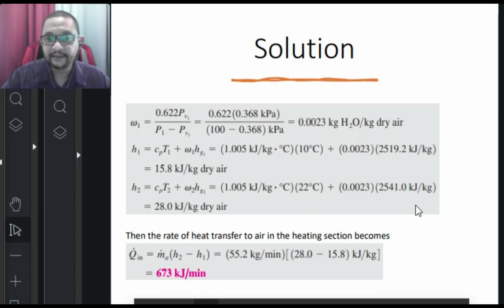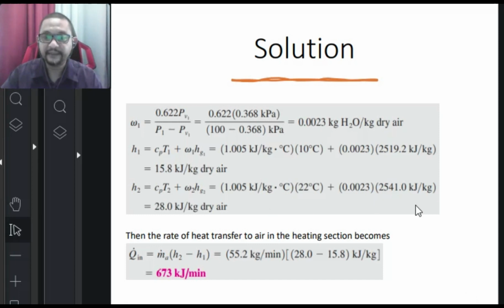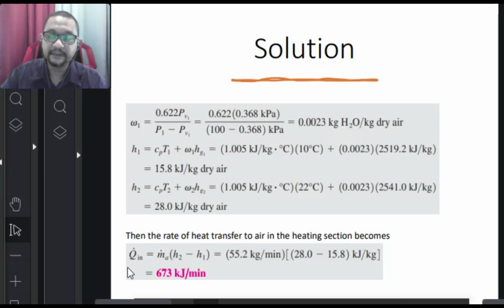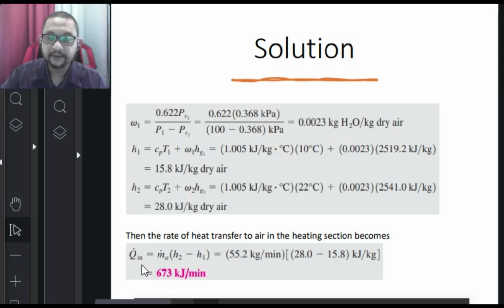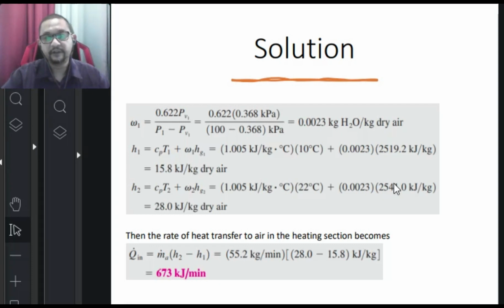Then to find the rate of heat transfer to air, using the energy balance, Q dot in, this is heating, Q dot in equals m dot a delta h. Substituting all the values here, you will get 673 kilojoule per minute. That is the rate of heat transfer to air.